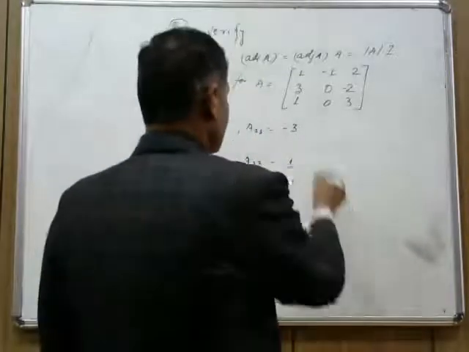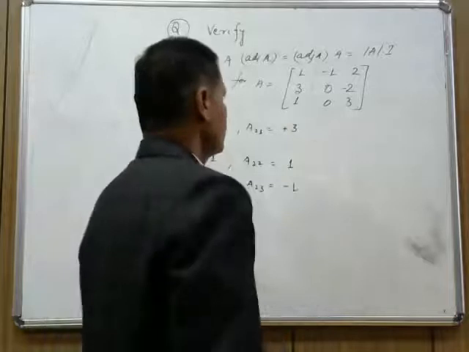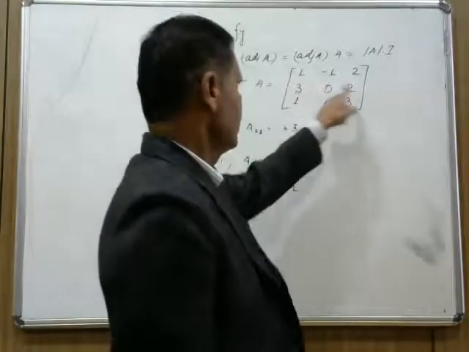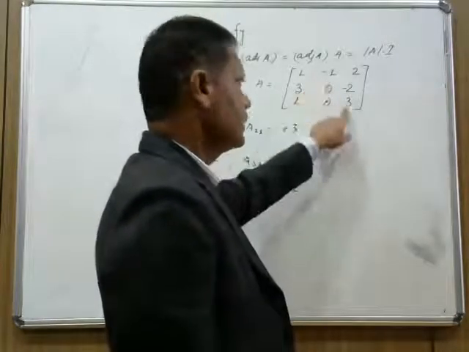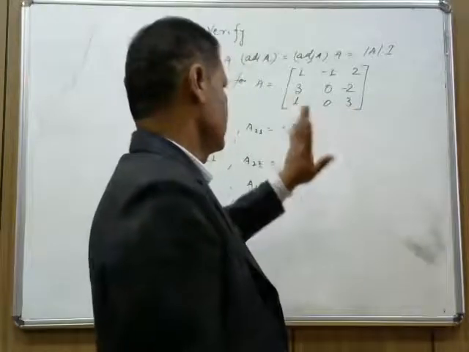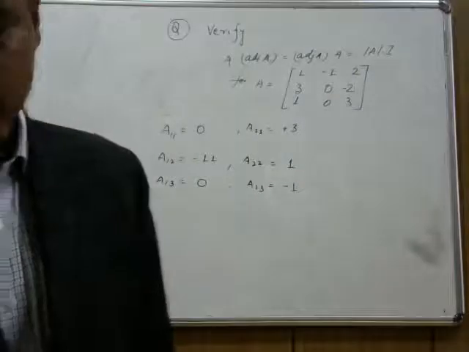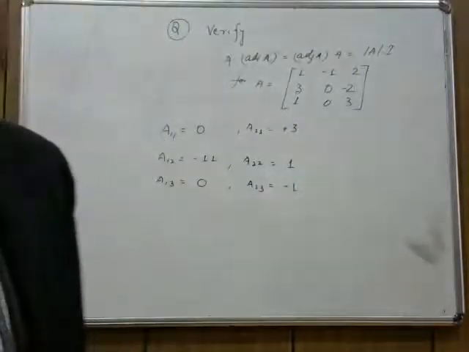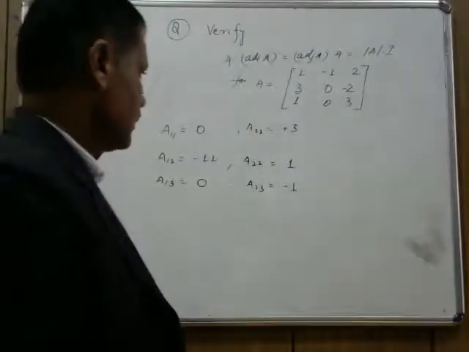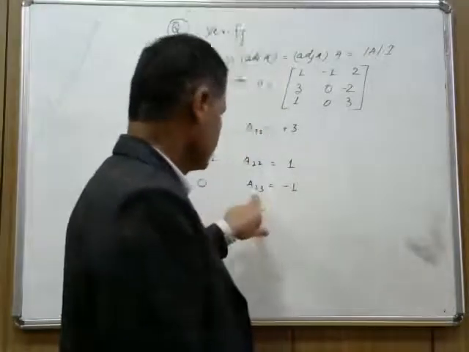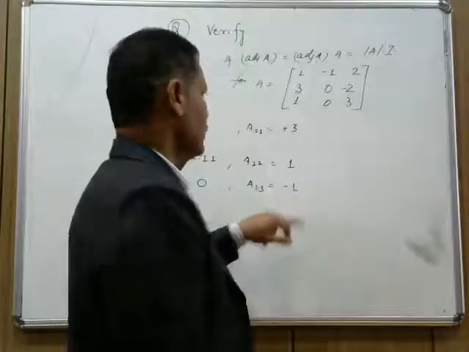That means the cofactor A21 will be plus 3. Now A22 sign will not change, so A22 will be 1 only, and A23 will again be minus 1, because the sum is odd.